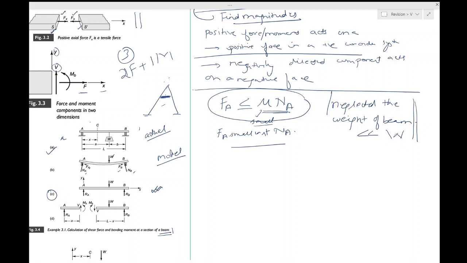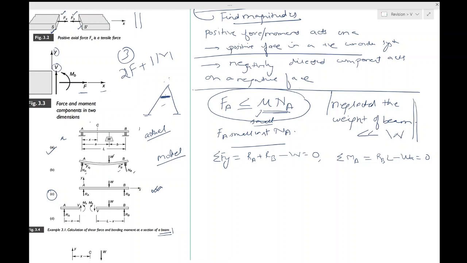Now again, you may have done this in your mechanics problems, so you want to apply the equilibrium equations. The summation of all the forces in the y direction would be Ra plus Rb minus W equals 0. The summation of the moments about A, where you will not have Ra, would be Rb L minus W a equals 0.